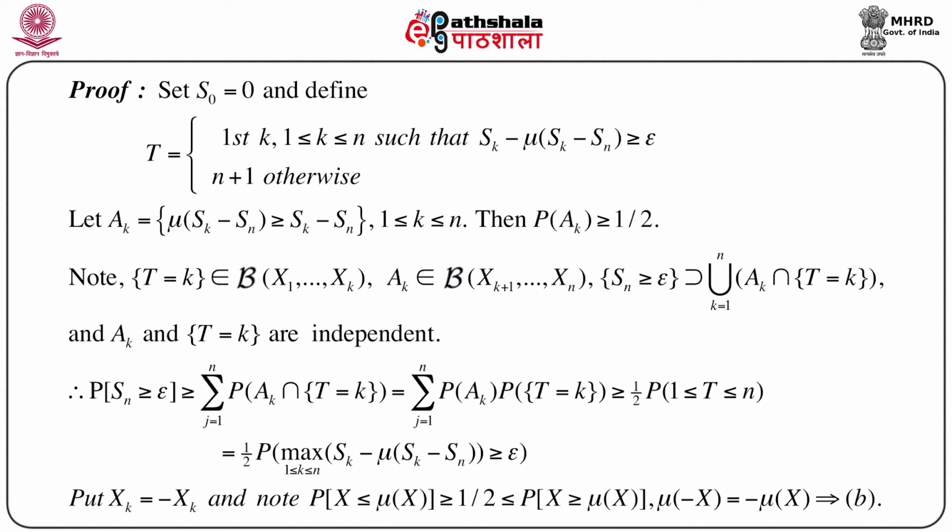We will get the second statement of Paul Levy's inequality, which is in terms of the modulus of Sk minus mu of (Sk minus Sn). Thus we have proved this extremely important and extremely famous inequality due to Levy.